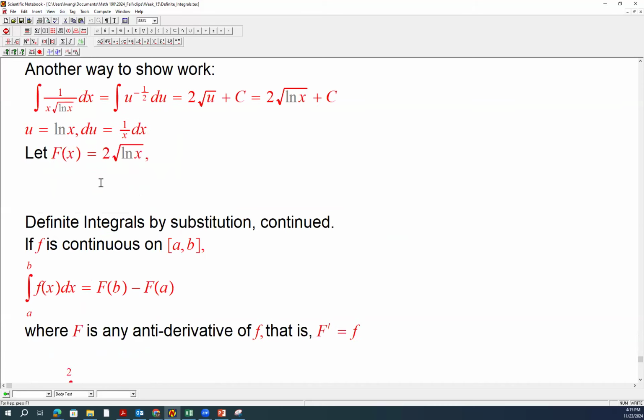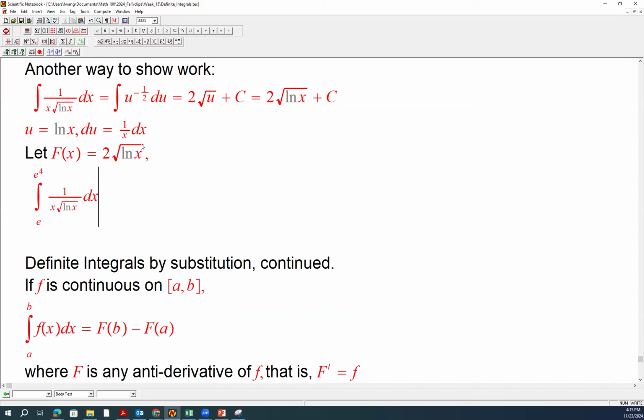Because we already have found the antiderivative, you can write it as capital F of e to the power of 4 minus capital F of e, which is going to be 2 times e to the power 4, replacing x, subtracting capital F of e.